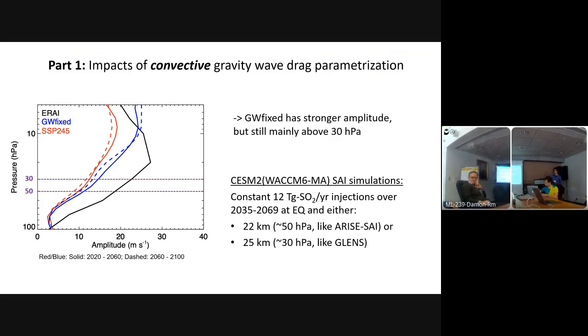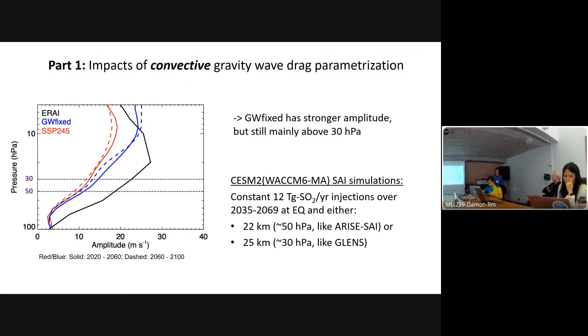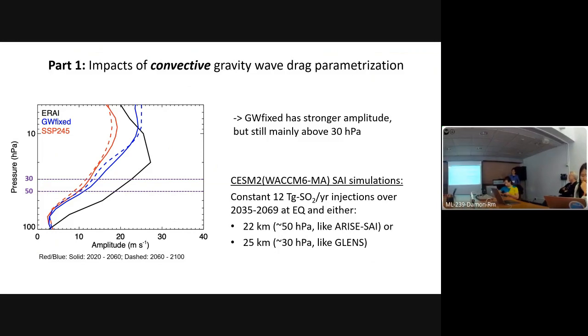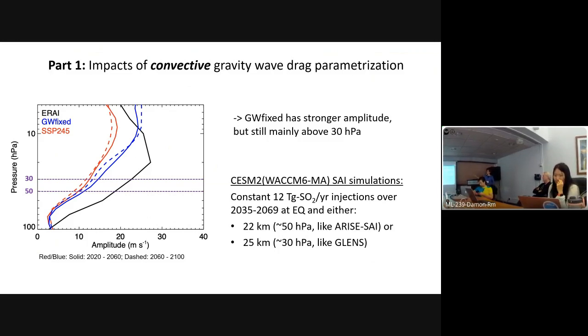So most SAI simulations use injection at 20 to 22 kilometers. But with injection at 22 kilometers in the 70 layer version, there hasn't been much impact on the QBO at 50 hectopascal.